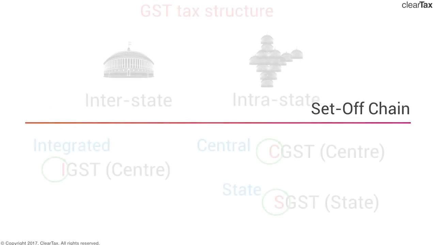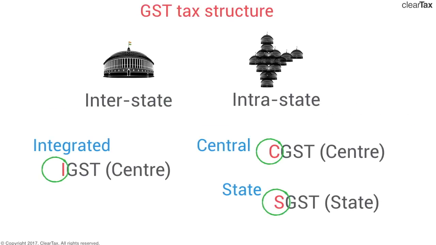In the first module, if you recall, we had discussed that there are only 3 types of taxes under the GST tax regime: the IGST, integrated GST, CGST, which is central GST, and SGST, which is state GST. IGST is for interstate supply.